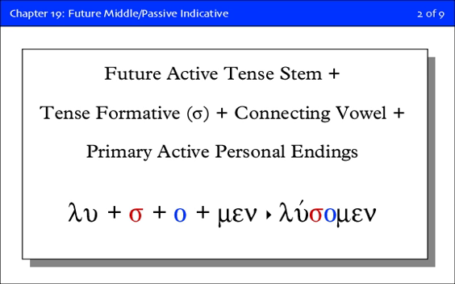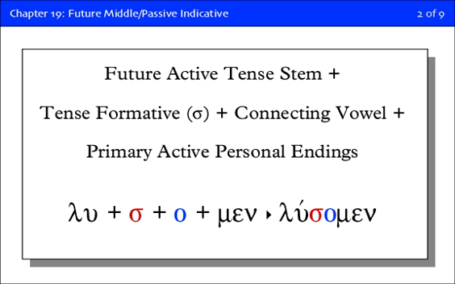So how do you form the future active? Well, actually, in a sense, there's two basic ways. We're going to look at one way in chapter 19 and another way in chapter 20. But in chapter 19, what we're looking at is really the easier of the two formations to identify. And what we're looking at are verbs whose tense stem in the future is the same as their tense stem in the present.